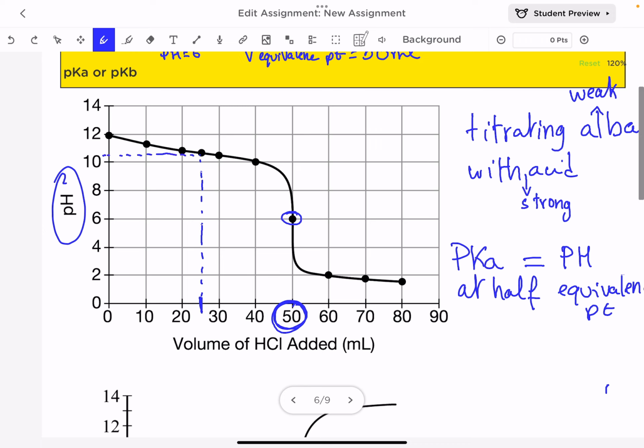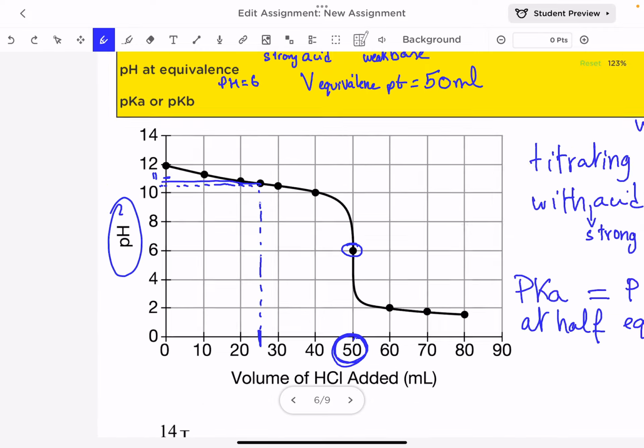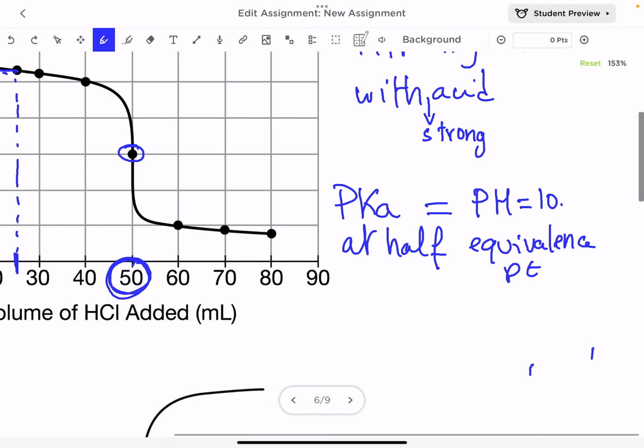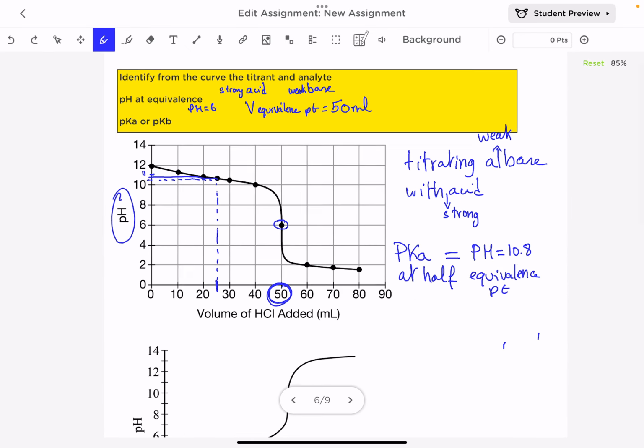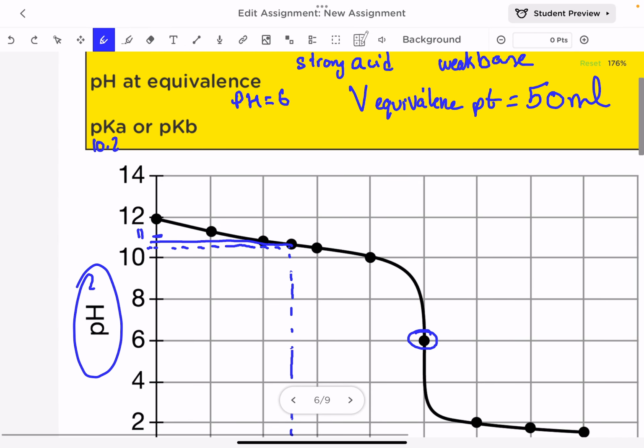So this one is almost 10.5 or 10.7. Let's say almost over here. If here is 11, then this is maybe 10.8 or 10.9. So let's say that here it is 10.8. So pKa in this one is 10.8.